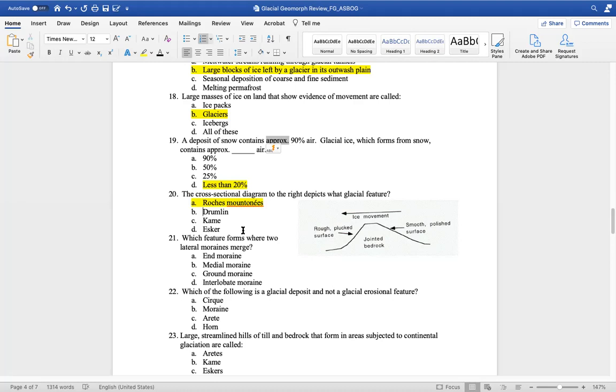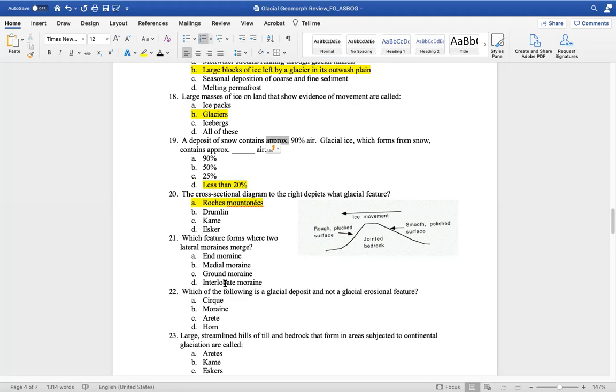But in any case, moving on. Which feature forms where two lateral moraines merge? End moraine, medial moraine, ground, interlobate. So all of these are different types of moraines. Let's say we don't know anything about moraines, and we just know we're being asked where two of these moraines merge.